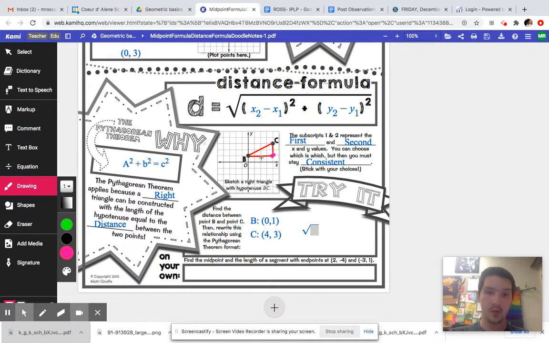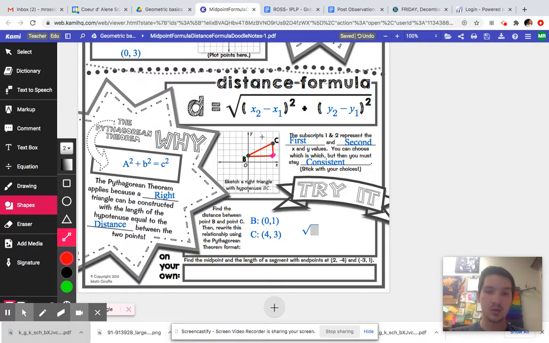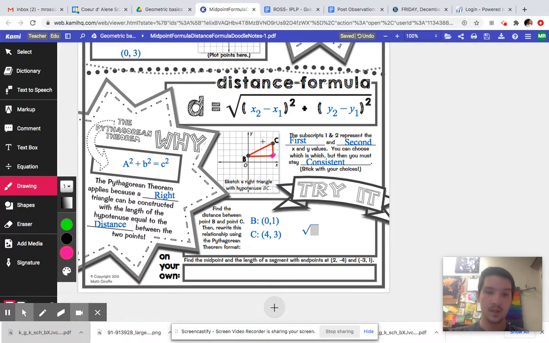And then from this point to C, we're doing our y2 minus y1. If you see, it creates this right triangle, and what we're trying to find in the end is this hypotenuse right here. That's what we're finding when we're doing the distance formula.